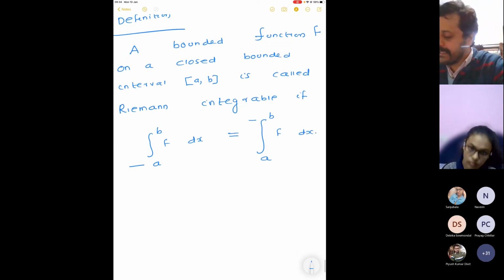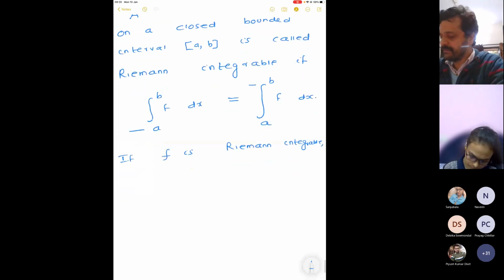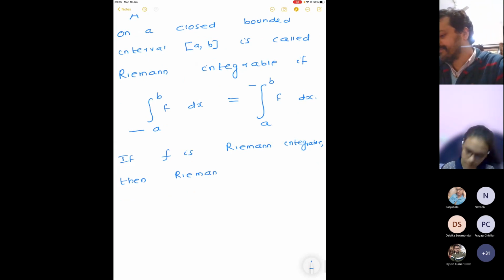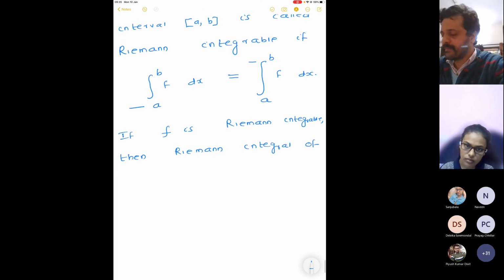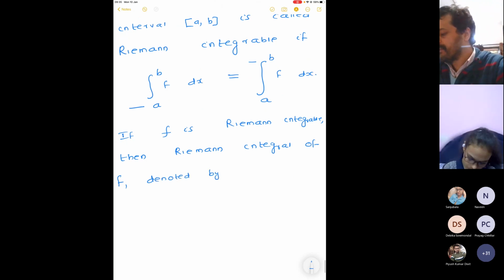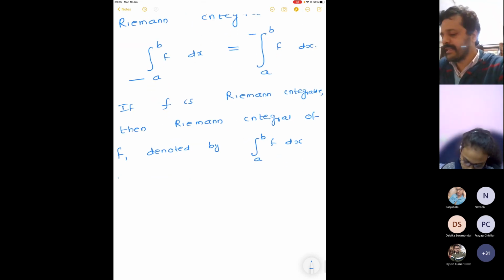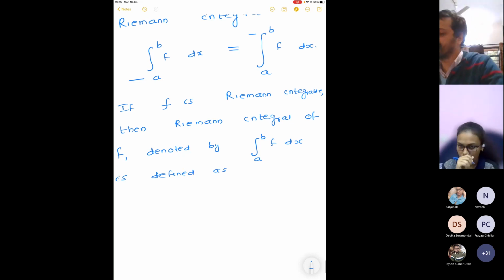And in that case, if f is Riemann integrable, then the Riemann integral of f, denoted by integral a to b of f dx, is defined as any one of them, because anyway we are considering only those functions for which both coincide.